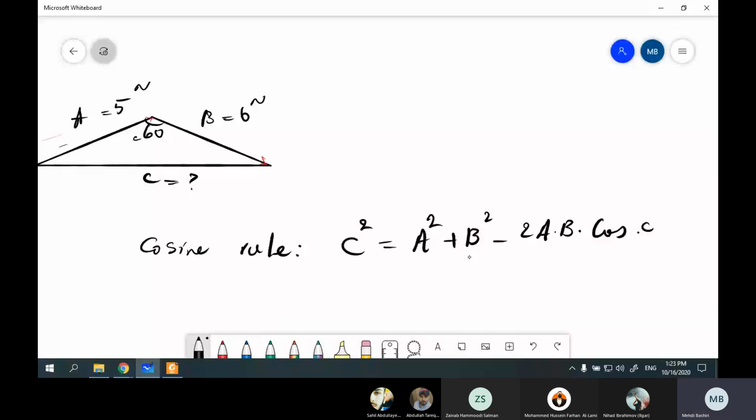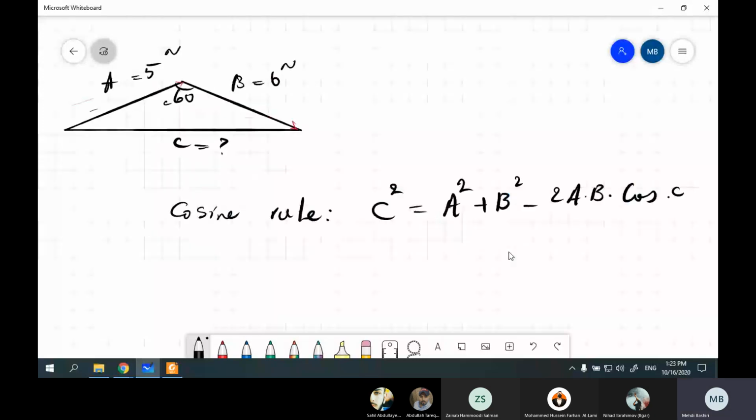So in here, let's find it. A is 5, so 5 squared. B is 6, 6 squared, minus 2 times 5. Let me make this 2, because it's not working.